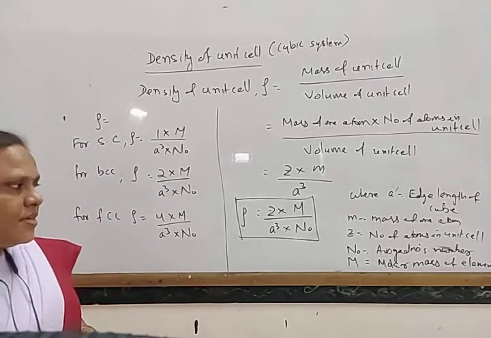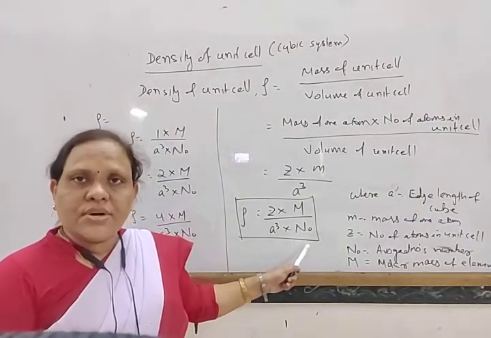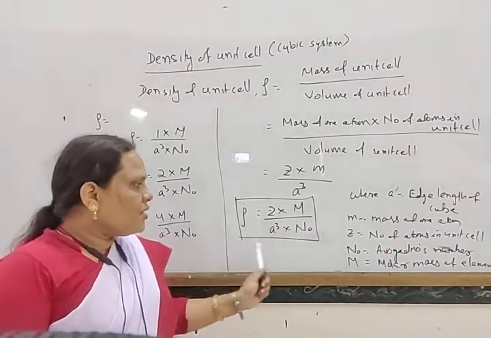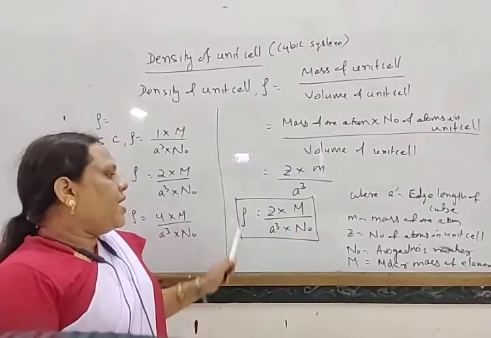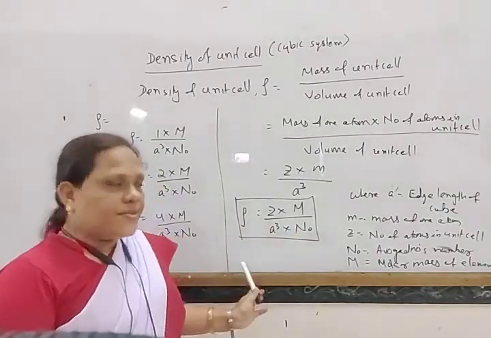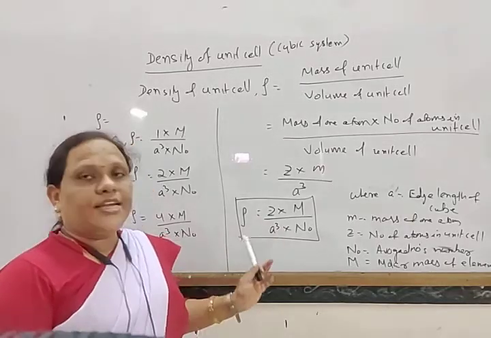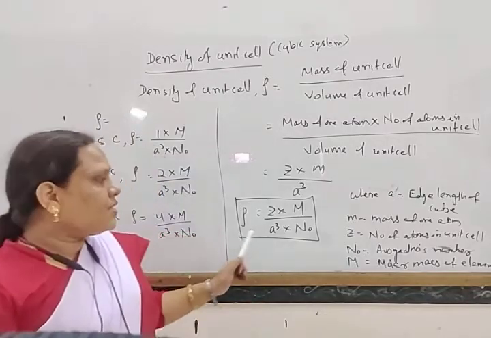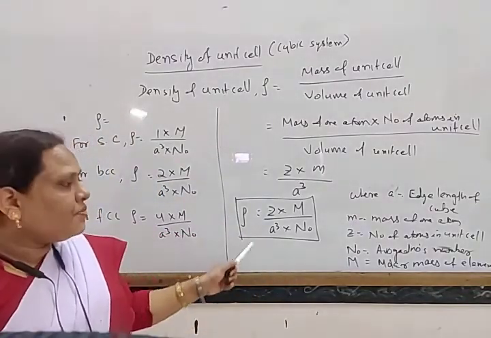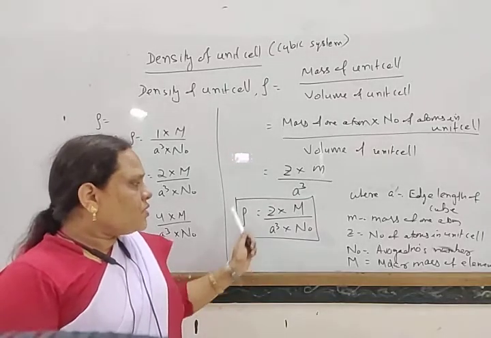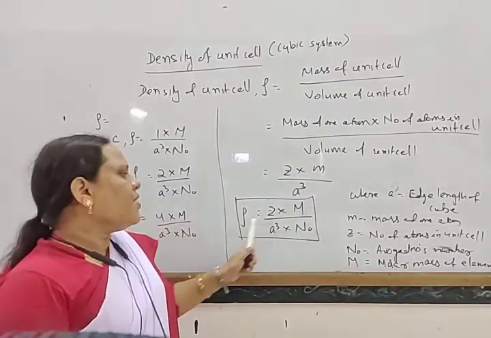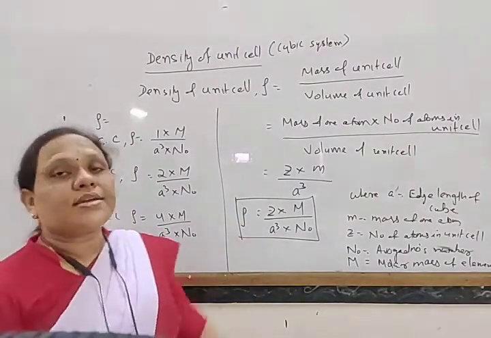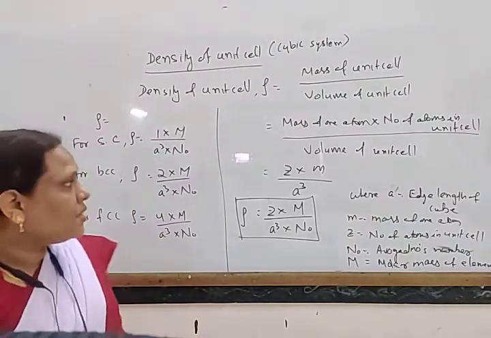So there are different factors. N0, that is the Avogadro's number, is a constant. So among the five variables, if any four are given, then we can calculate the other parameter. Even if you don't know Avogadro's number, if any four parameters are given, we can calculate the other one.